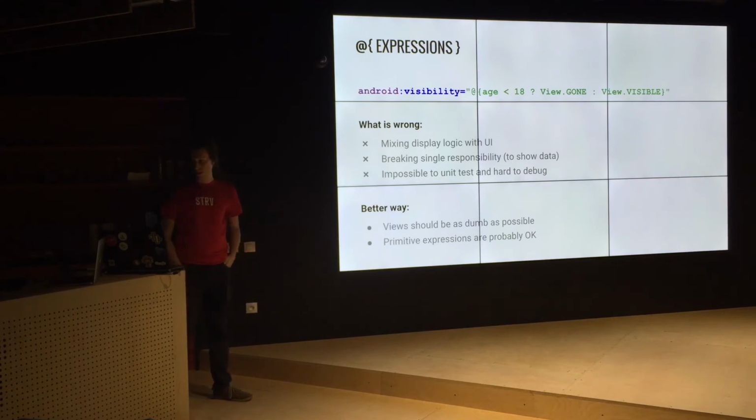I think it's a better way. But on the other hand, as I said before, I prefer to keep things simple. So in some cases, I think that primitive expressions are probably okay, and we can use them to keep it simple. But I think that our views should be as dumb as possible.